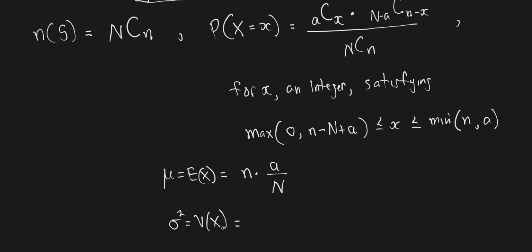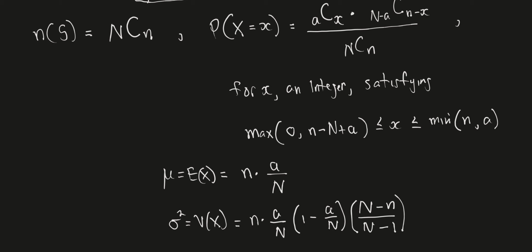The variance of your hypergeometric random variable is n times A over big N, times 1 minus A over big N. That again looks like your n times p times 1 minus p, but then there's this other factor because of sampling without replacement: big N minus n over big N minus 1.